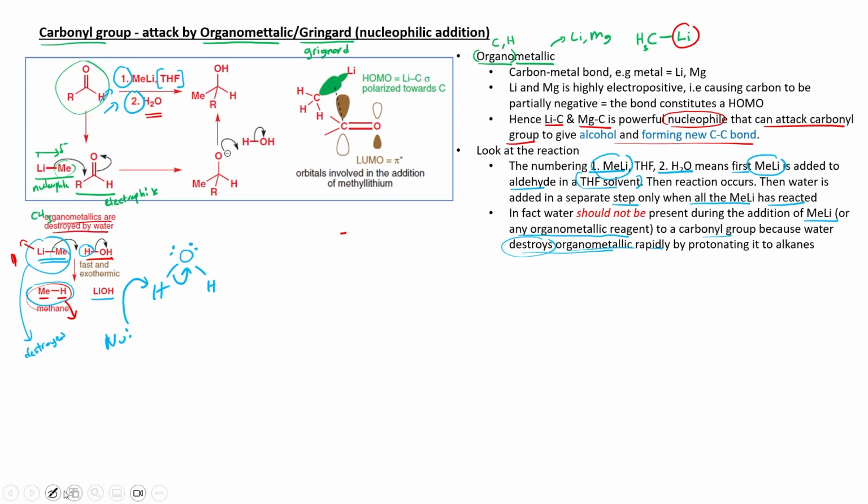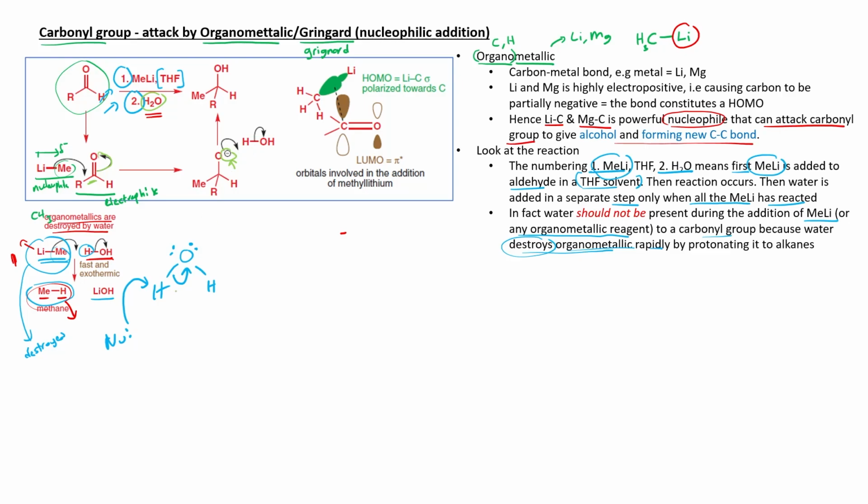But the question is, why then do you need to put water at all? That's because when you attack the carbonyl here, the pi bond is broken and goes to the oxygen. The oxygen becomes an oxygen anion. So this is the reason the oxygen anion needs the hydrogen in order to make the alcohol.